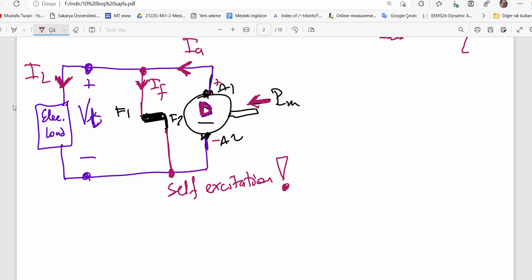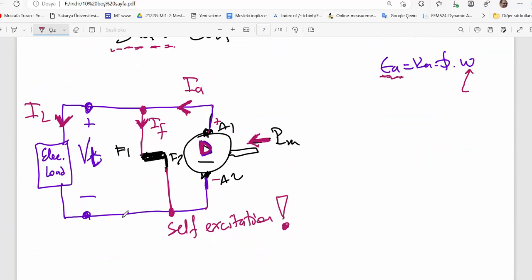First of all, you should know the connection of the circuit, and then you should imagine how you can make an equivalent circuit. Let me show you the equivalent circuit. Here is the EMF, plus and minus, a dependent voltage source. Here is the equation. Inside the armature there is the armature resistance of the copper windings.